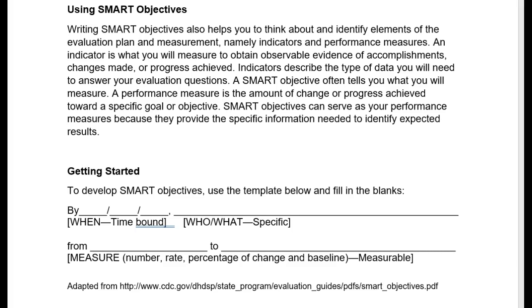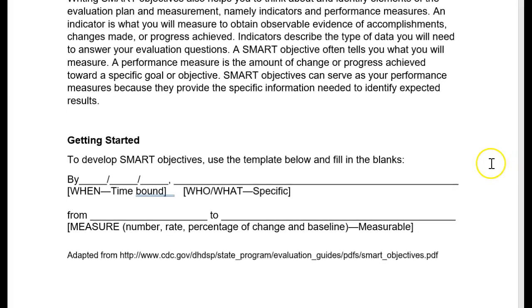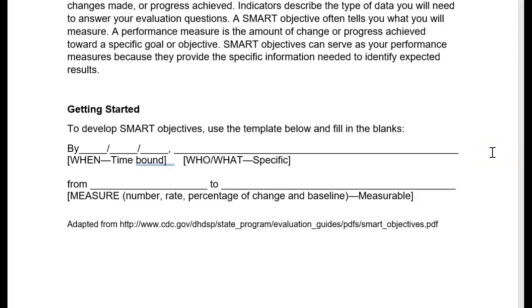By way of example, Getting Started shows us a sample frame, basically a sentence frame for how we might create or develop a SMART objective.